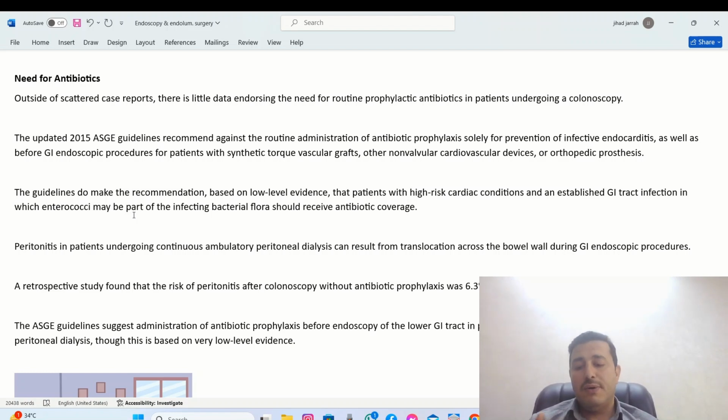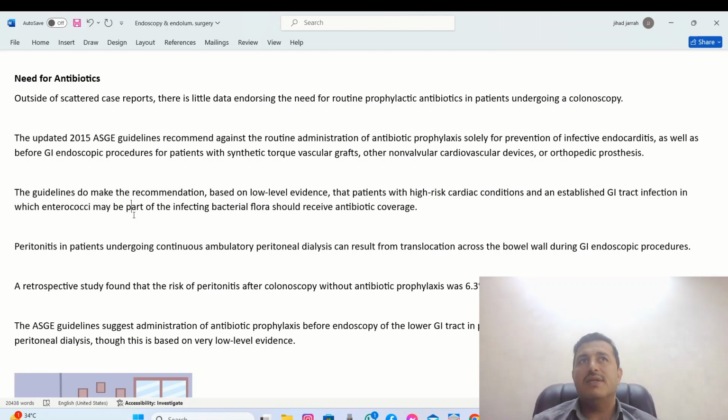We do not need antibiotic, for example, for prophylaxis against infective endocarditis. We do not need antibiotic for vascular grafts. We do not need antibiotic for orthopedic prosthesis.